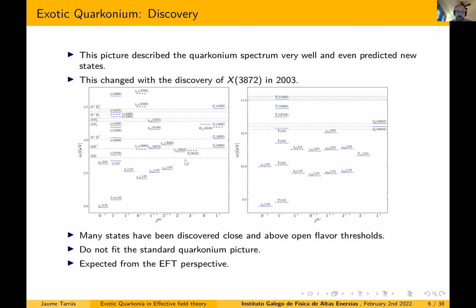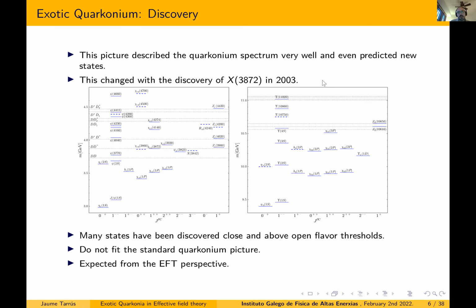These states are found in this region here, close to and above the heavy meson pair thresholds. In a way, all these states are called exotic quarkonium, and they are usually labeled by X, Y, and Z. This is what I am going to discuss in the rest of the talk.